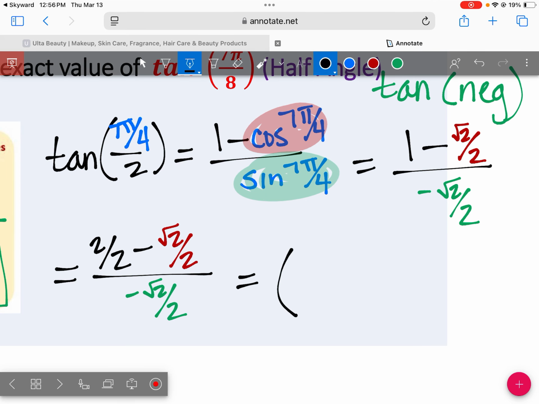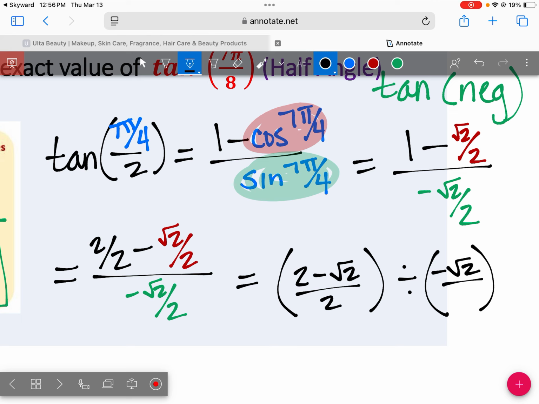So I'm going to separate it now. So I have 2 minus root 2 over 2, and that's divided by negative root 2 over 2. I just like to split my fraction apart whenever I have a fraction divided by a fraction.